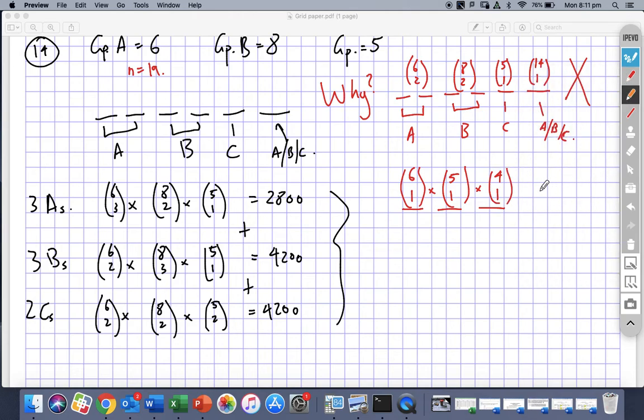What have I done now? I've actually made permutations. What I've actually got is 6 times 5 times 4, which is permutations. It's not combinations at all. So A's, B's, C's have to be grouped if the formula is going to successfully account for the fact that order doesn't matter.